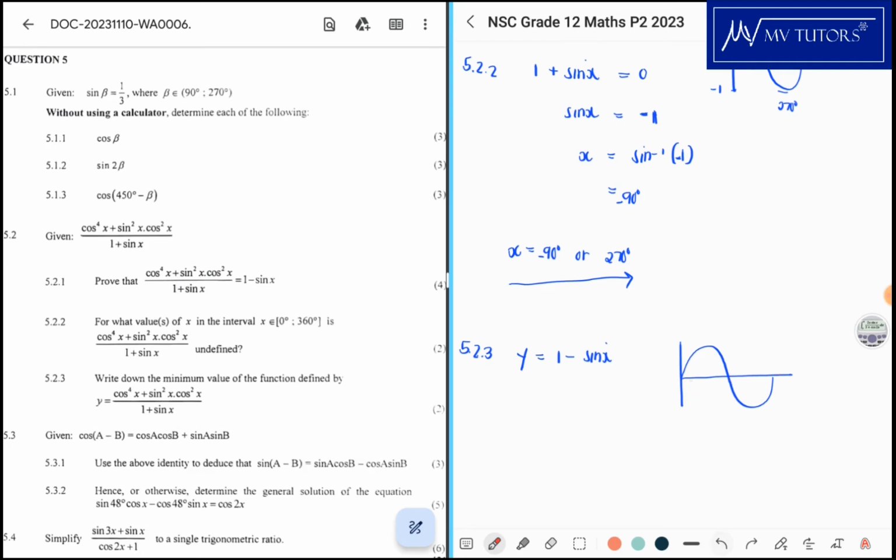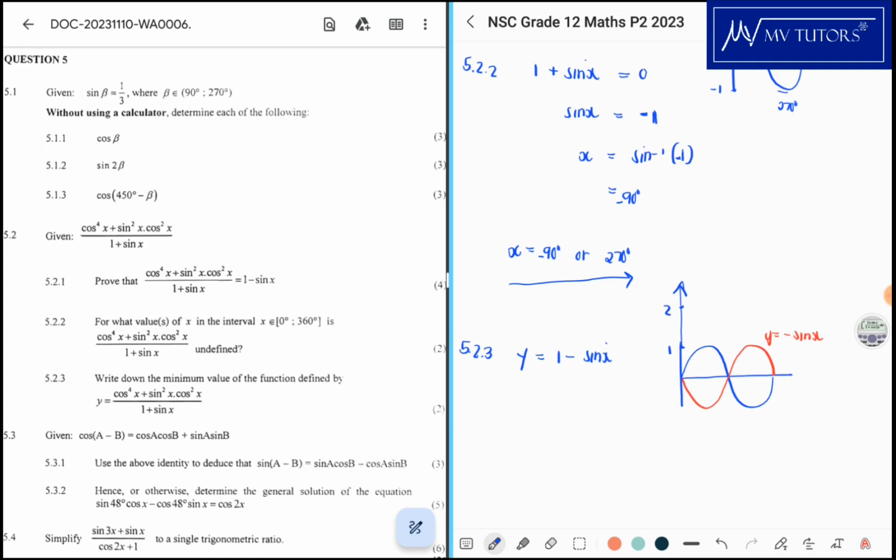Okay, let me try that again. Okay, that is negative sine x. But now we have 1 minus sine x. So if I take negative sine x and I shift it 1 unit up. Okay, let me just increase that. So basically, if this is 1, we go all the way to 2.